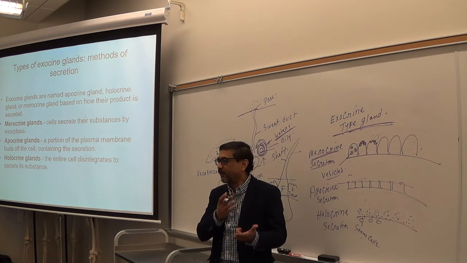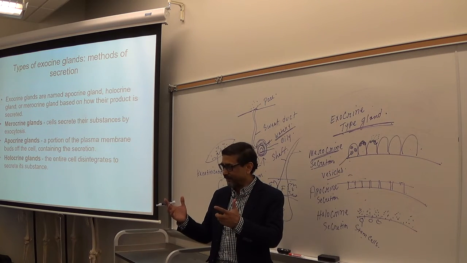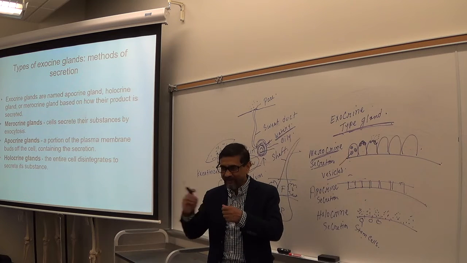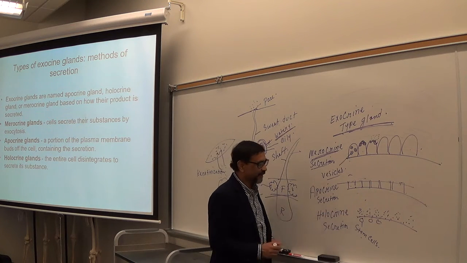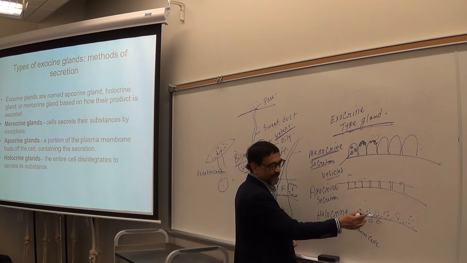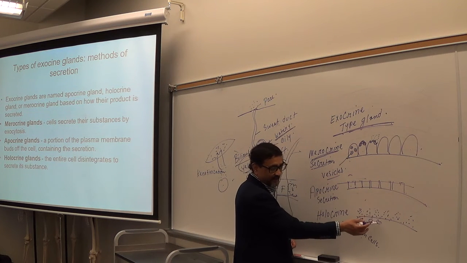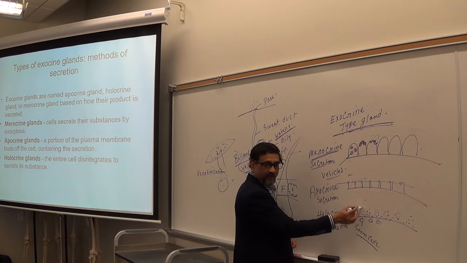One example is the female breast: when you feed the baby, the milk secretion occurs by this type of secretion. The entire cells die. Now, you see here, under these cells you have what? Stem cells. These cells will produce new cells.